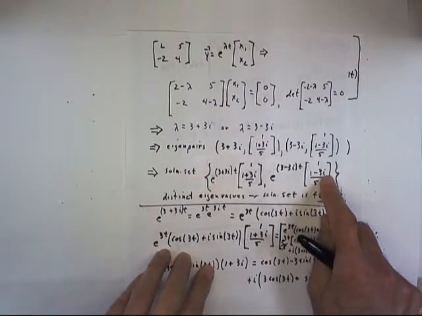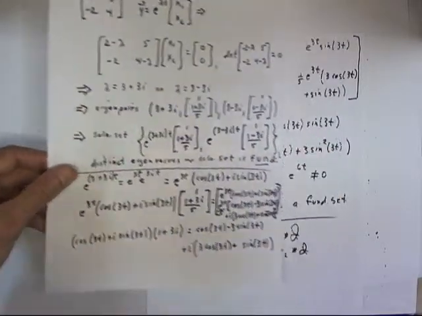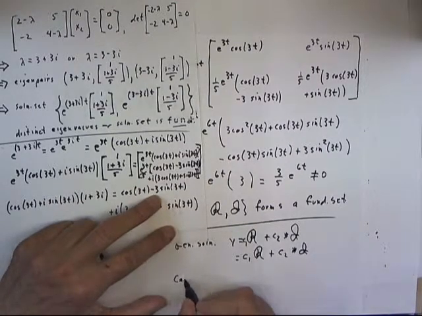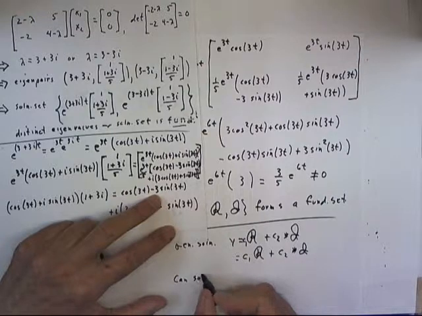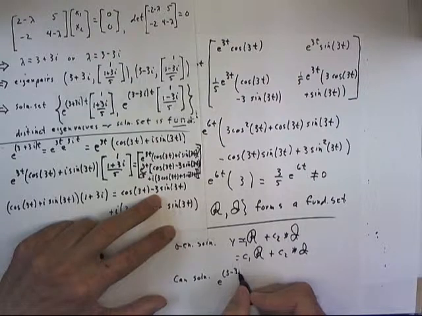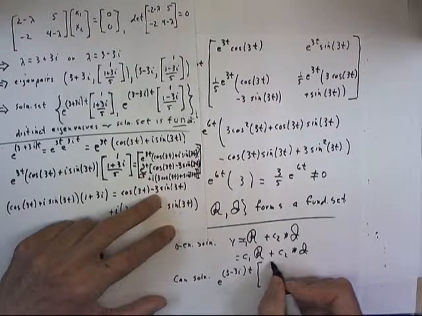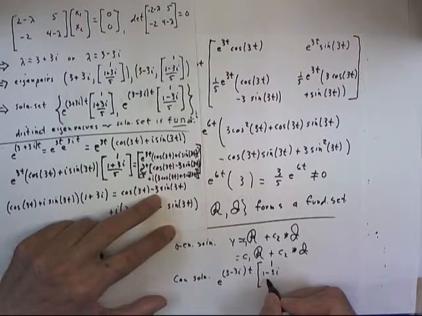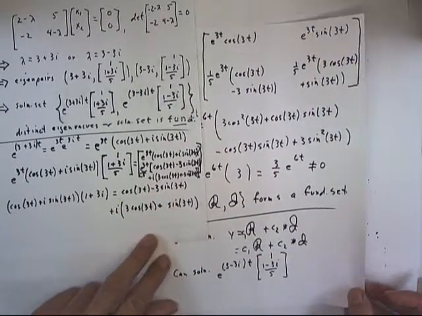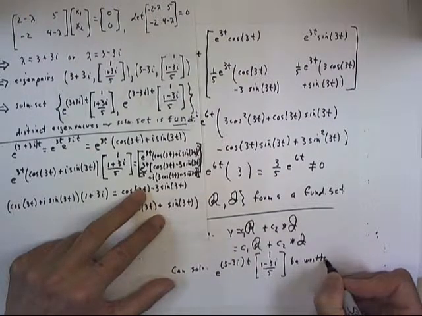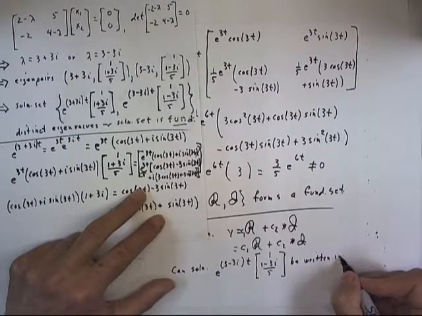Still, this is a solution to the equation, so let's ask the question, can our solution e to the 3 minus 3i t multiplied by the vector 1, 1 minus 3i over 5 be written in the above form?